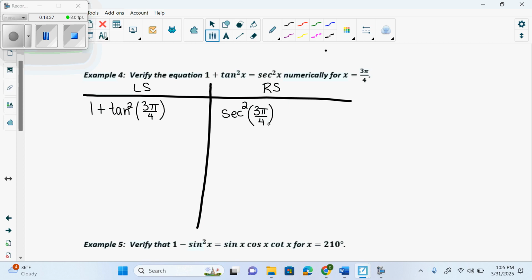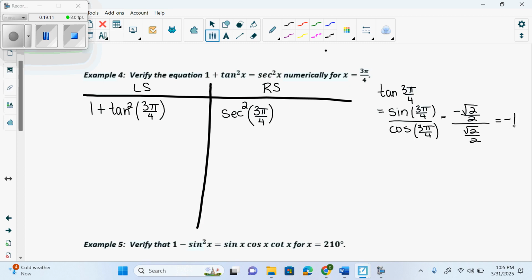Off to the side we have to find tan of 3 pi over 4, which is the same as sine of 3 pi over 4 over cos 3 pi over 4. Negative root 2 over 2 divided by root 2 over 2, which equals negative 1.